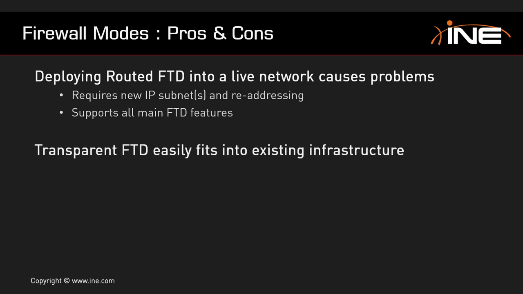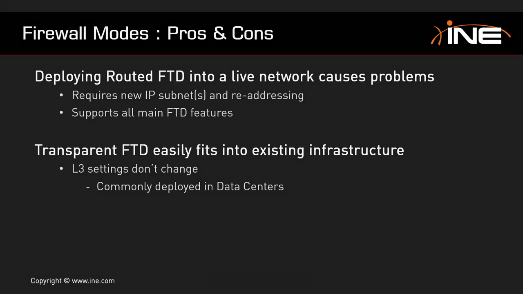Now, in case of the transparent FTD, it will be pretty easy to add a new FTD to the network because you will not have to change any IP settings on the existing devices, like on the servers, on the gateways. This stuff is going to be the same, which is one of the main reasons why this mode is commonly used in the data centers.